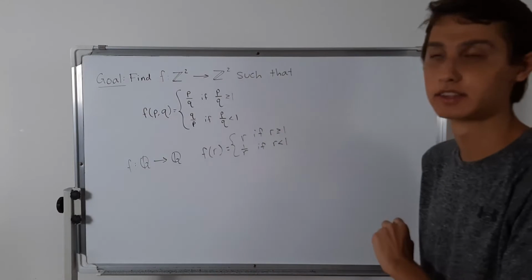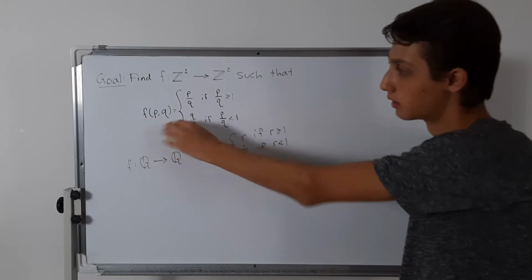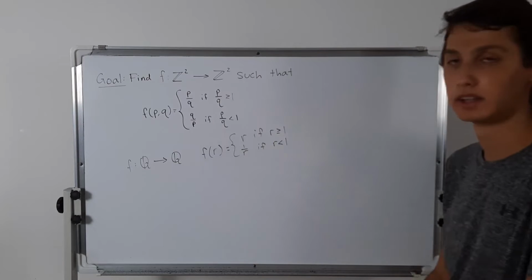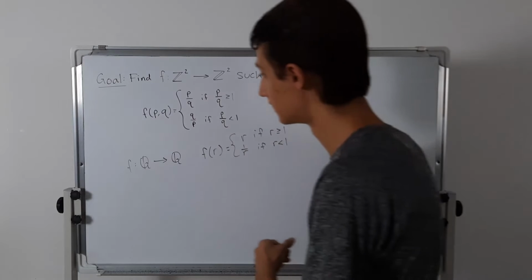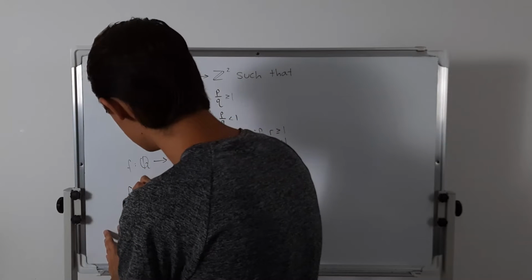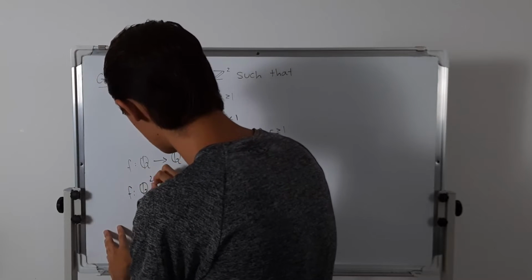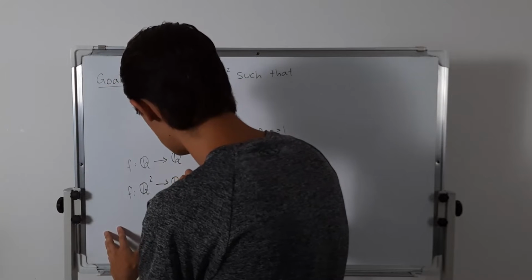We could totally phrase it like this. I just like to do it with p over q, it looks a little nicer that way. We could actually also write this as f mapping from Q squared to Q squared.